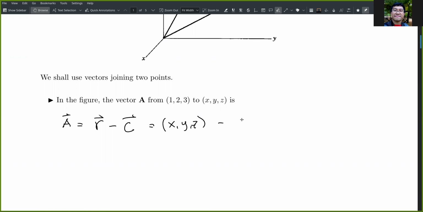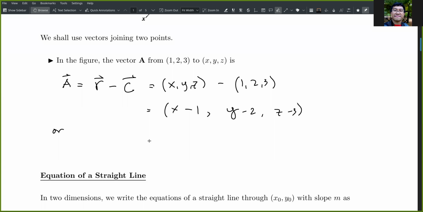If r is x, y, z and c is 1, 2, 3, we simply subtract to get x minus 1, y minus 2, z minus 3.